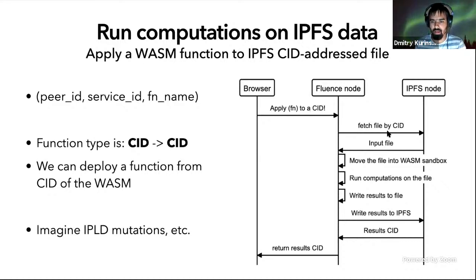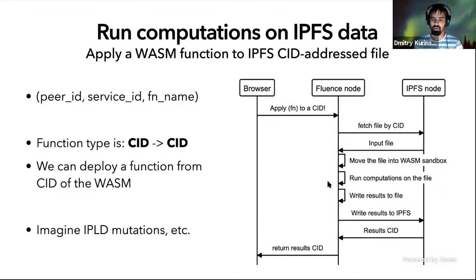The Fluence node will ask the IPFS node to fetch this file. When this file is provided, it will be used as an input file. To be used, first it will be moved to the WebAssembly sandbox, as services in Fluence don't have access to the whole file system. This access is sandboxed, it's restricted, but you can move files to the sandbox.